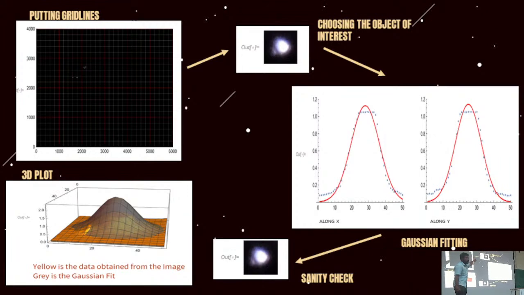We chose the object of interest, we localized one bright object. And then what the code did was, it randomly selected the brightest spot from the saturation region. You know, these cameras get saturated after a point.